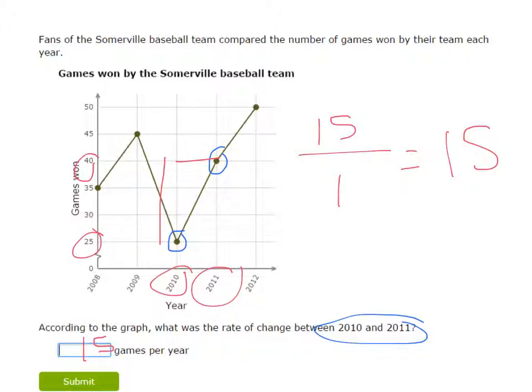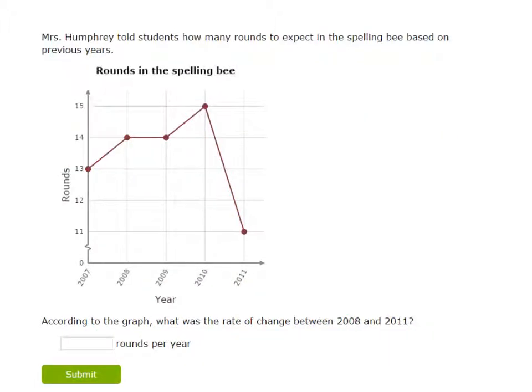Let's do one more. This last one, this brings us back into the negatives again, which is why I picked this one. So it says, according to the graph, what's the rate of change between 2008 and 2011? So here's 2008, here's 2011. So again, we check how far we're going up or down, in this case first for slope.